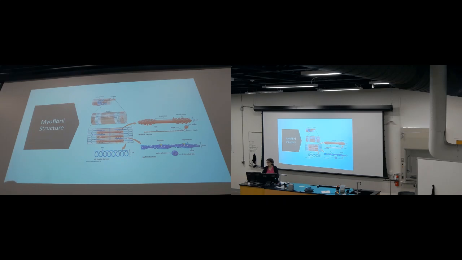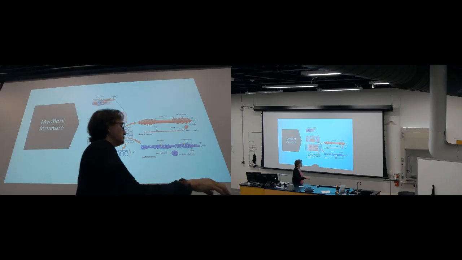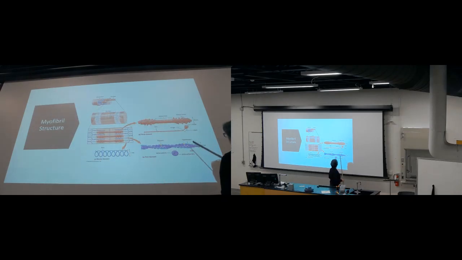So the types of proteins that we have inside these cells will be myosin and actin. And then I was explaining the shape of these proteins.